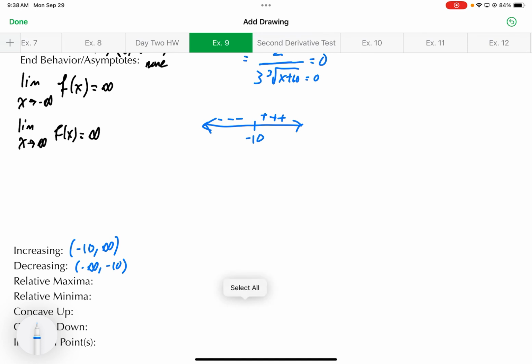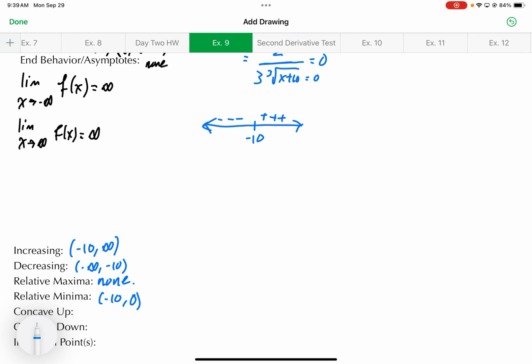And because my function is defined at negative 10, I have a relative extrema. Which one is it, a min or a max? Yeah, it's going from decreasing to increasing, so it's going to be a relative min. Very good. So negative 10, and then I would plug that into my original to find what my y output is, but I've already done that. It's 0. Good. I have no relative maxes.